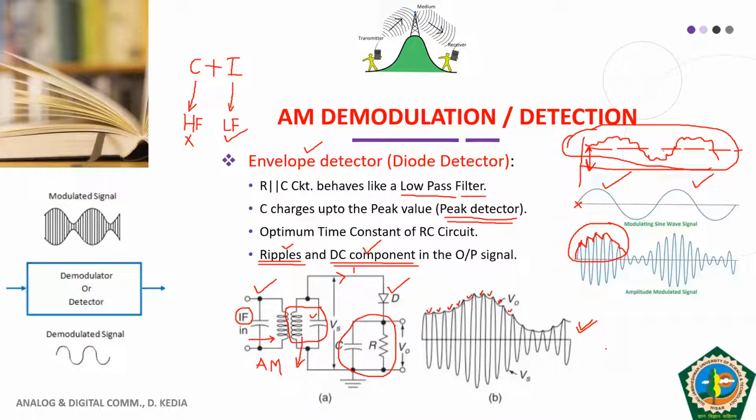We'll have to modify the circuit a bit, and we will also see that circuit. Presently, keep in mind that whatever signal we get has ripples and DC component. If I draw the baseline, as I told you, it looks something like this, which shows the DC value present.